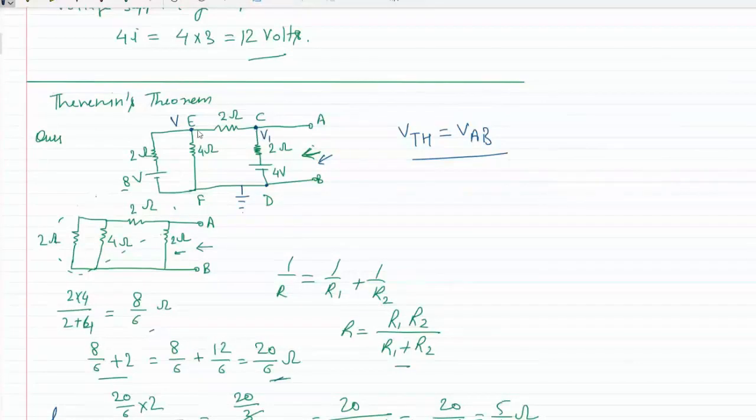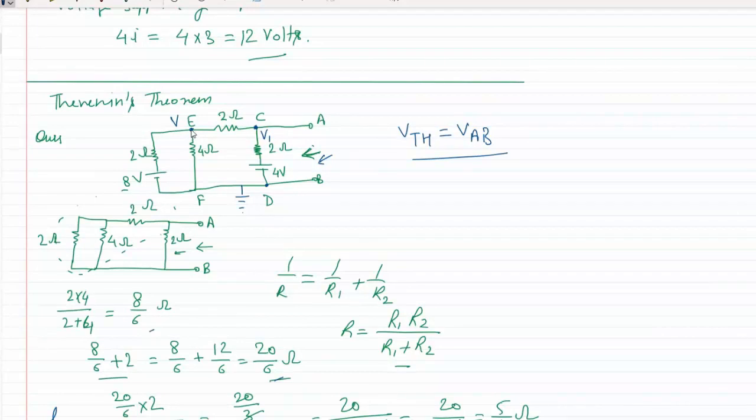Why? Because it is just one branch. Whatever current is flowing here, it will go here only. So no need to define V1 here. However, sometimes it is simpler to define it because we want to calculate the value of V1. But let us first try to solve by the earlier method, what I have told you.